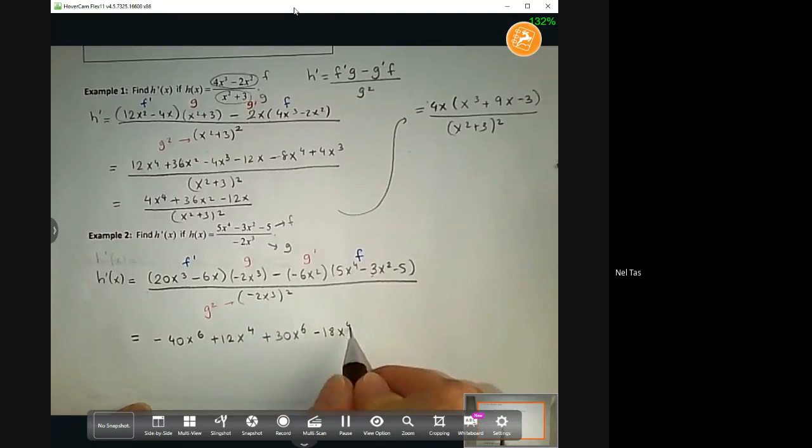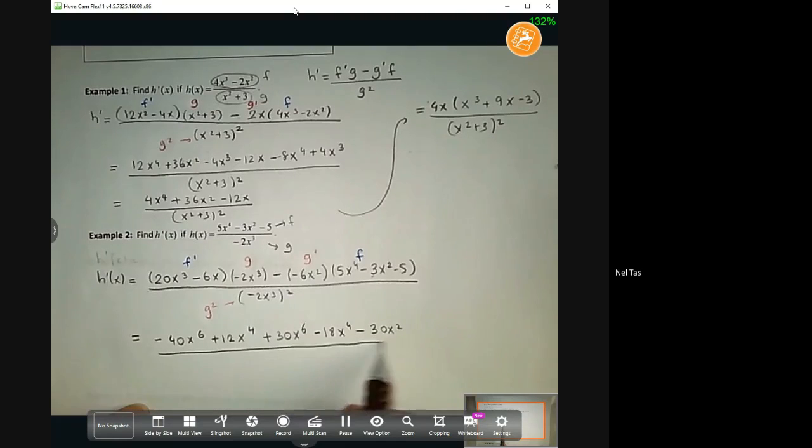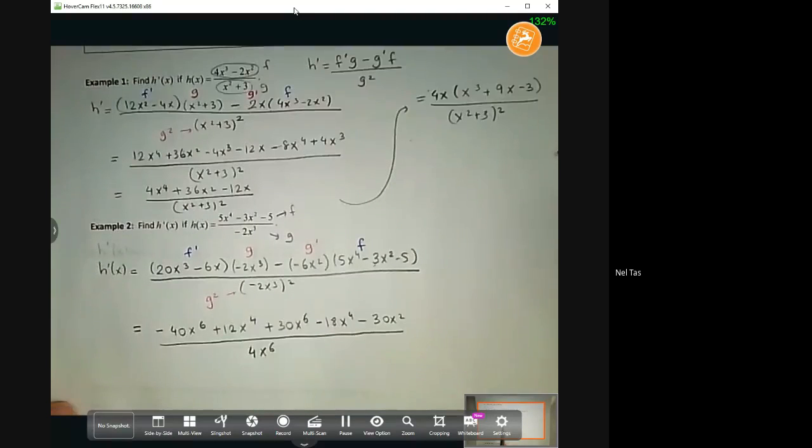And this is 4, and negative, negative, negative. So negative 30x squared. And the denominator is 4x to the power of 6.